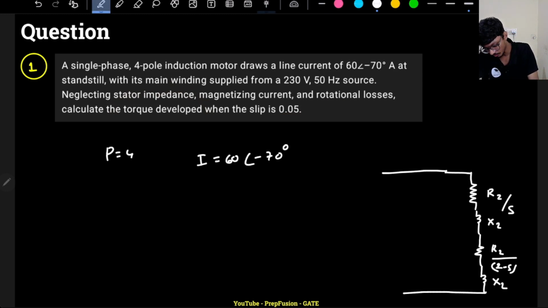So can I find out what the overall impedance is?